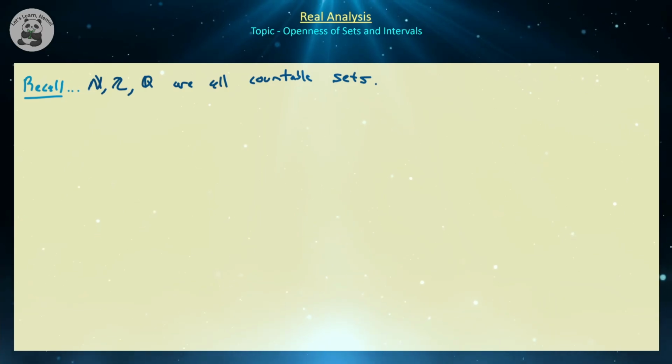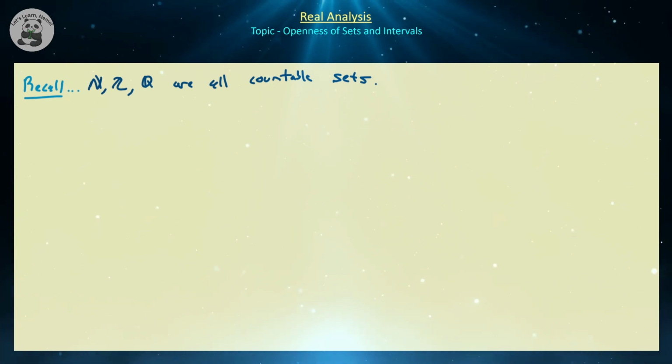So throughout this video, we've been talking a lot about openness and closedness of sets, and we've discussed quite a few theorems about open sets and closed sets, in particular about unions, intersections, and also ones that are nested within each other in some sense that form a sequence. Now what I want to do is revisit a topic that we talked about earlier, in particular the countability of sets.